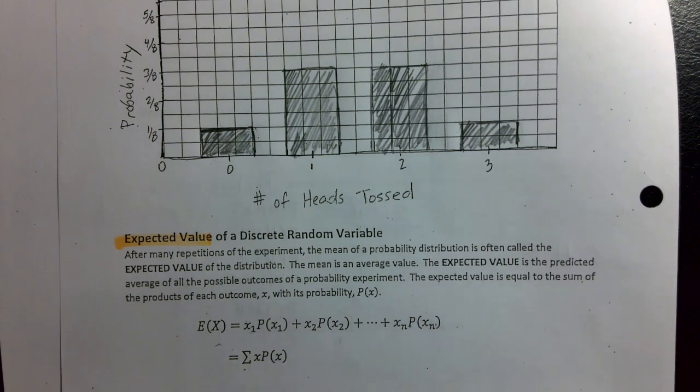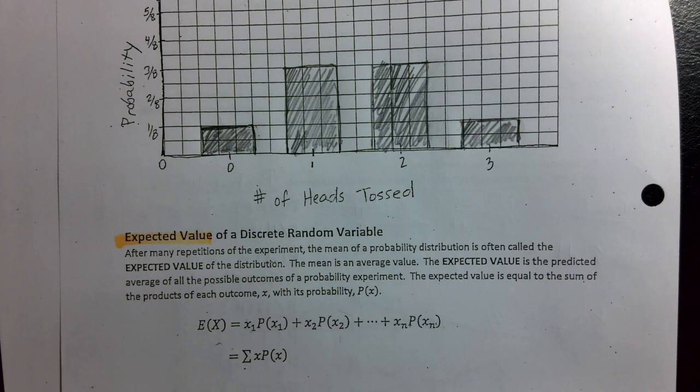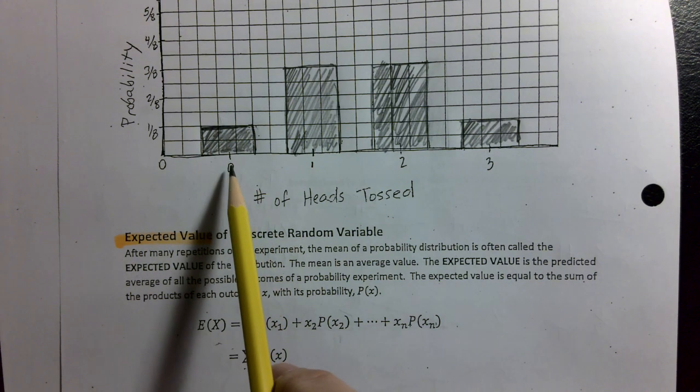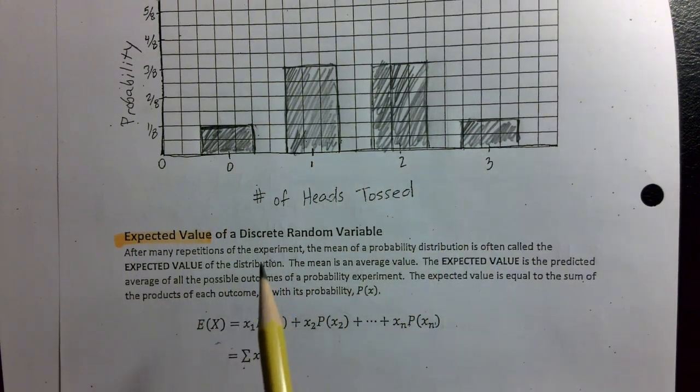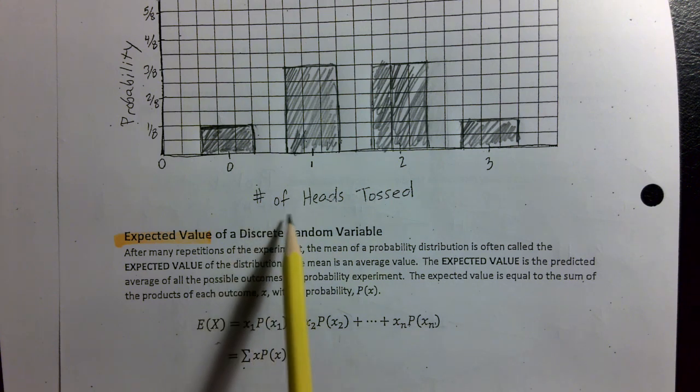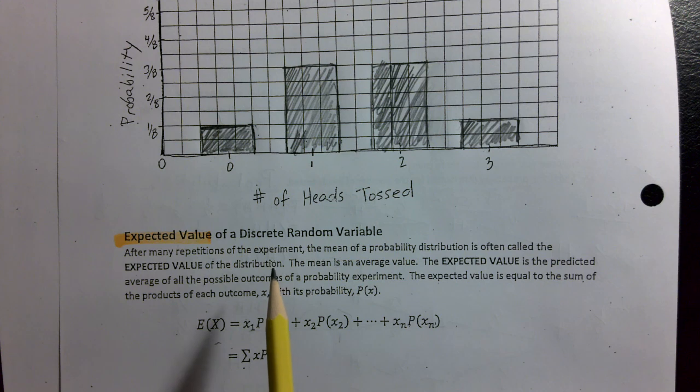So that's what this expected value formula is doing, except for the fact that the values of 0, 1, 2, and 3, and don't forget this was the example where we had 3 coins and we were flipping the coins, and we were interested in the number of heads that were tossed in those 3.